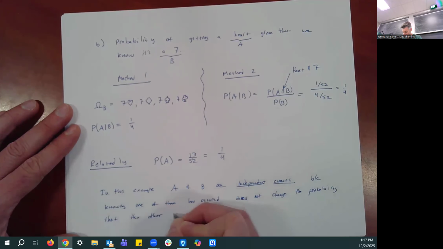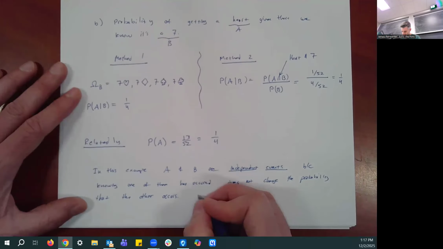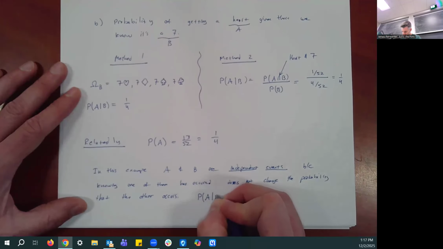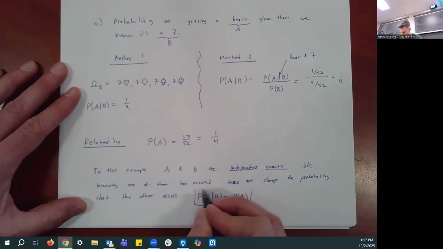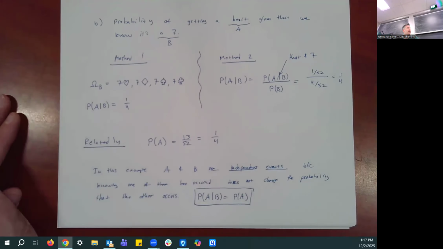Or as it's written mathematically, the probability of A given B is equal to the probability of A. That shows us that events A and B are independent of each other because knowing that B has happened doesn't change the probability of A happening.